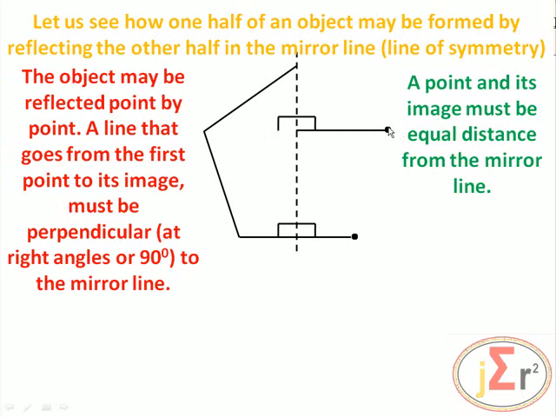Also, this line that goes straight across, of which part of it is already over on the other side, this line that would go all the way across here must be perpendicular to the mirror line. Just in the same way that this line that goes straight across all the way over here has to be perpendicular to the mirror line. And we will complete the diagram. Notice that the entire diagram is formed.